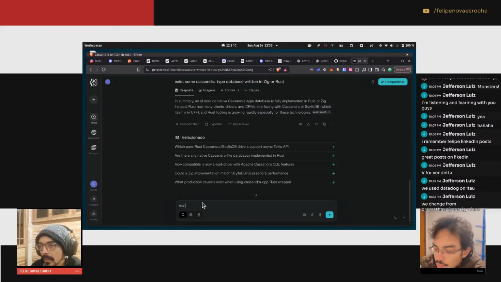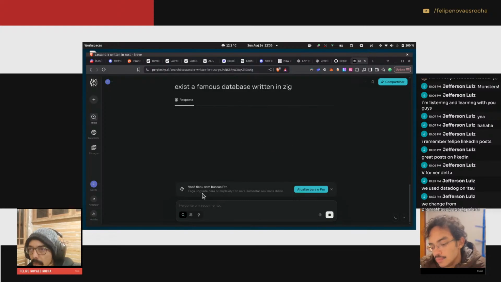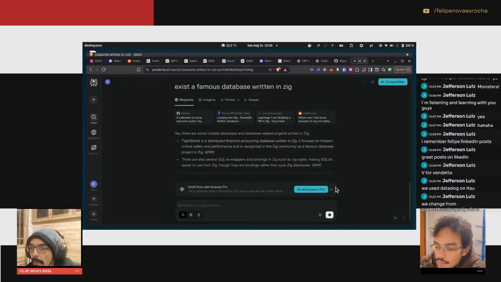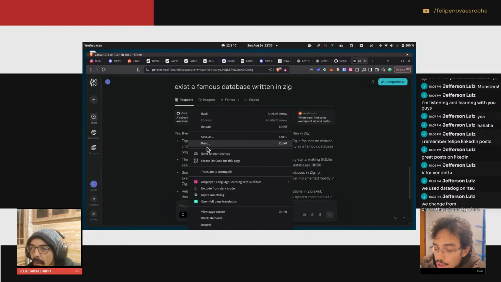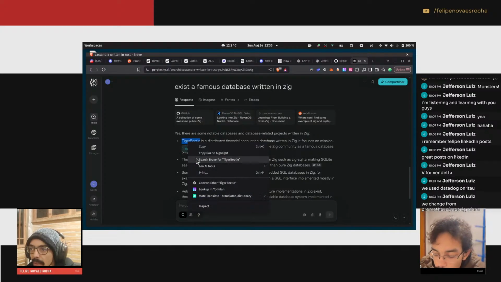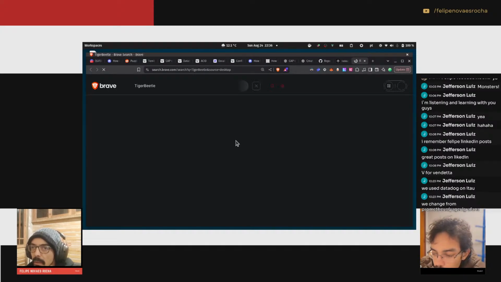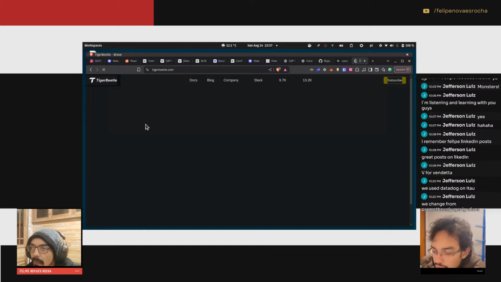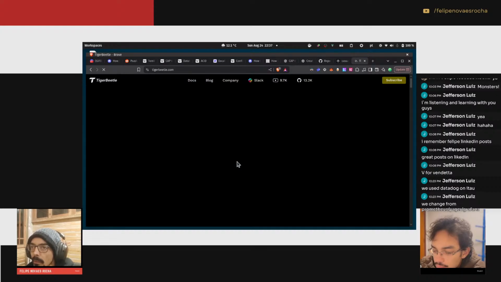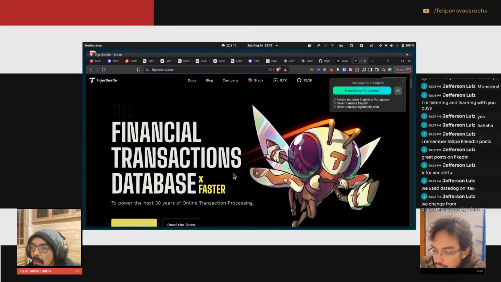Does a famous database written in Zig exist? Do you know Zig? Yeah, I have heard of Tiger Beetle. That's a really awesome database. The promise they have is that it's a financial transactions database, faster, faster, faster.